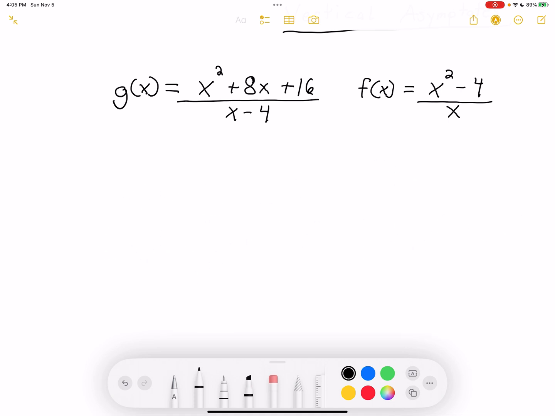So for most functions, the only exception I could think of offhand would be a piecewise function. For most functions, if a function is going to have a vertical asymptote at some x value, then that x value cannot be in the domain of the function. Let me say that again.